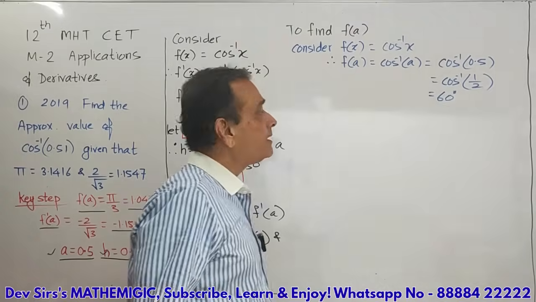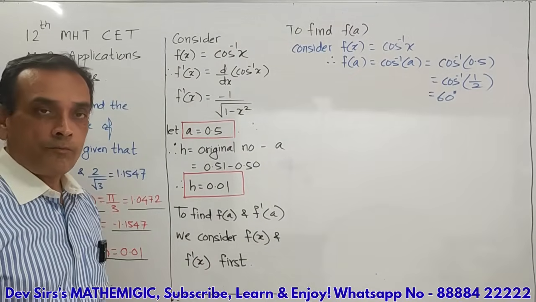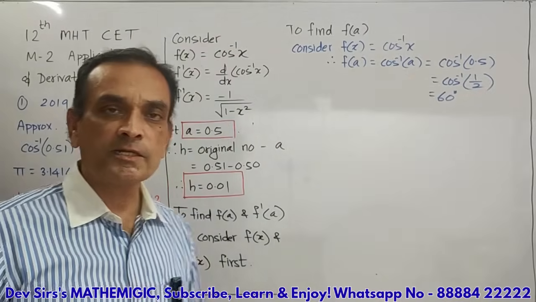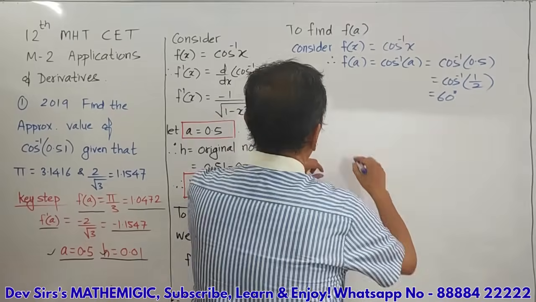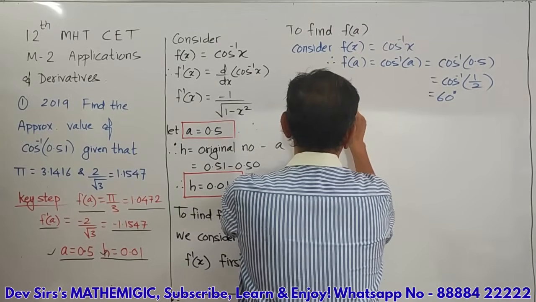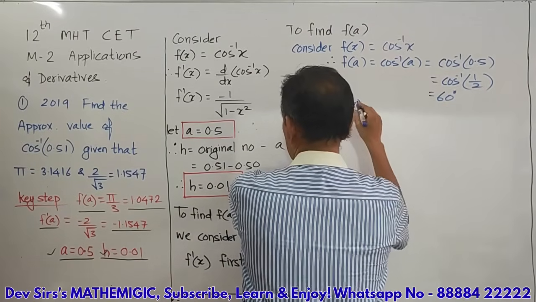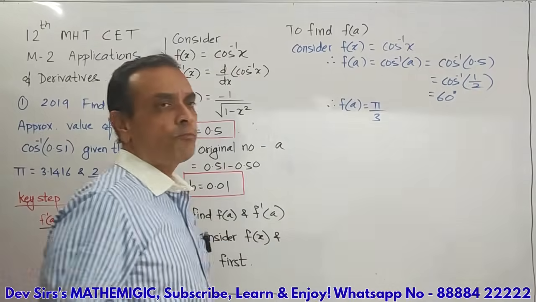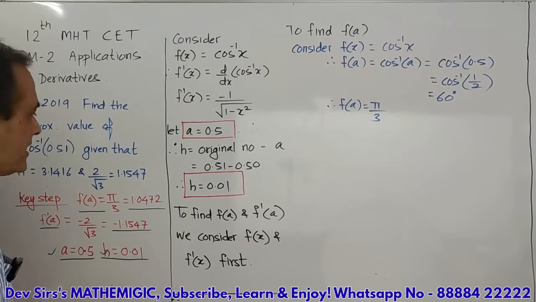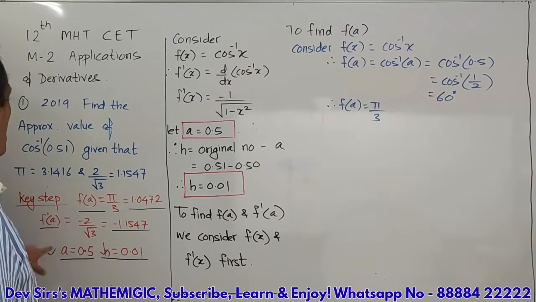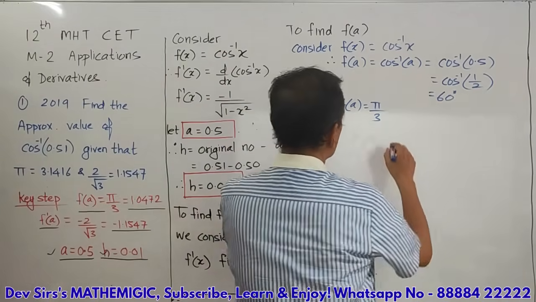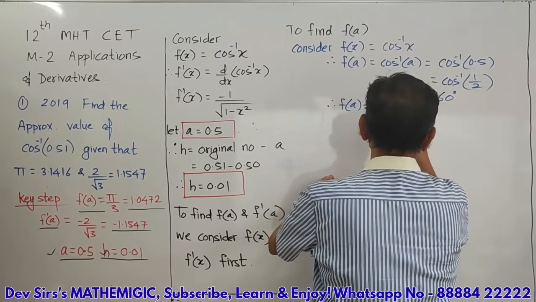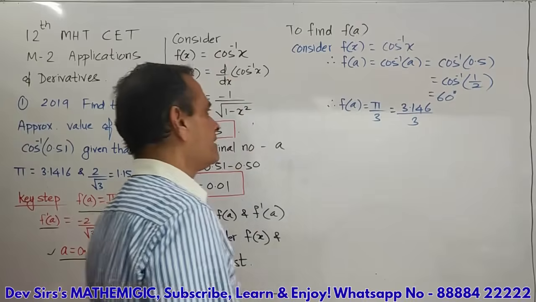But friends, remember, in applications of derivatives, angle is converted in terms of radians. We know 60 degrees is pi by 3. Therefore FA equal to pi by 3. Now they have given the value of pi as 3.1416 divided by 3.